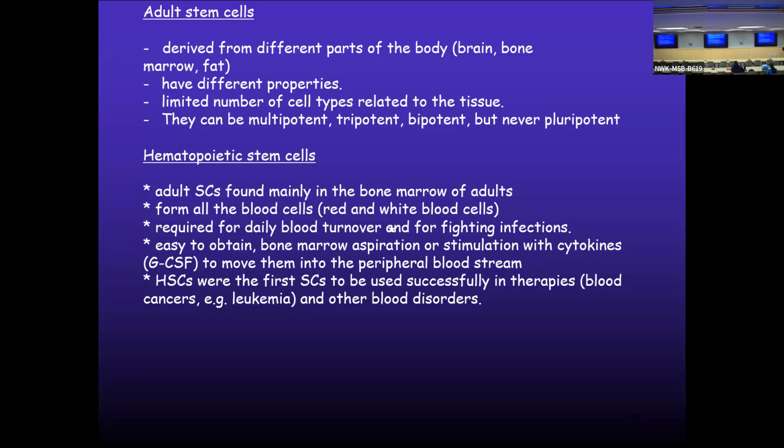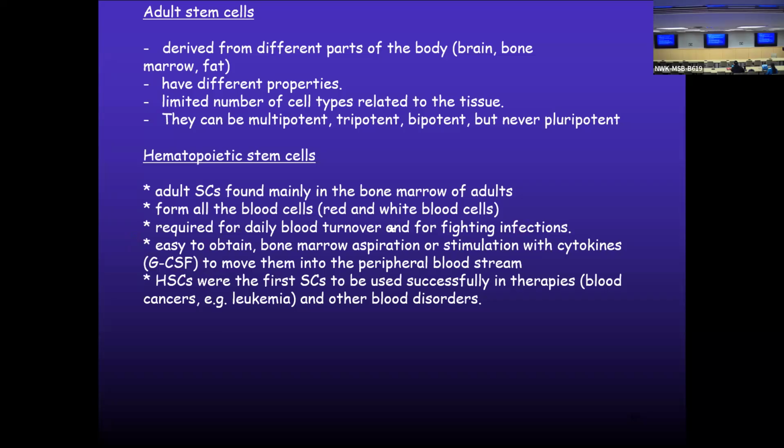So they have to sense the environment and make the appropriate kind of cell. They're easy to obtain, by bone marrow aspiration or stimulation with cytokines like GCSF, granulocyte colony stimulating factor, to move them to the peripheral bloodstream.